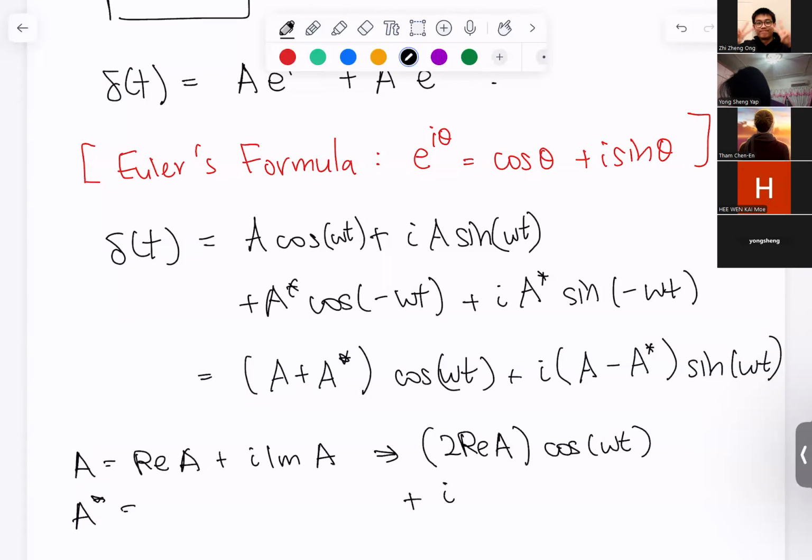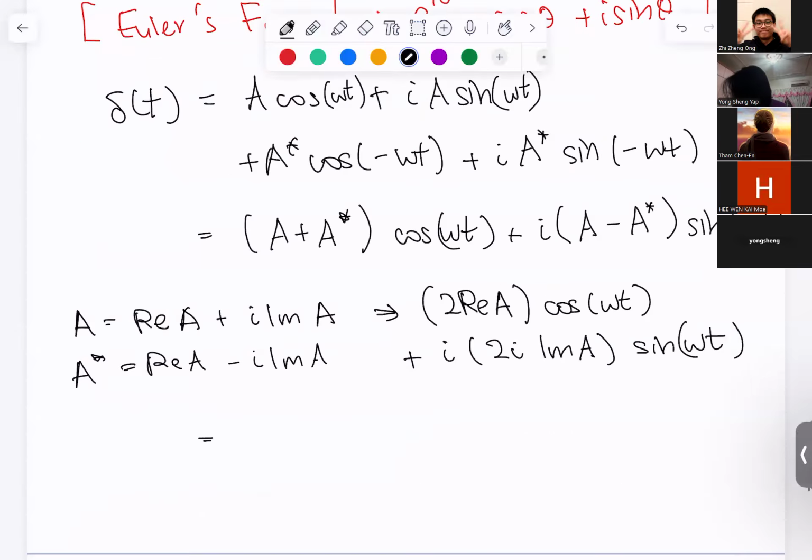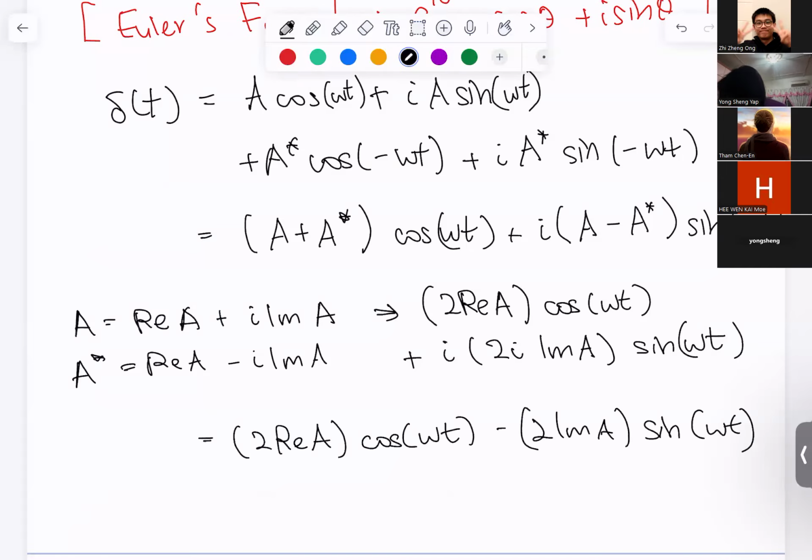A star equals the real part of A minus i times the imaginary part of A, so A minus A star is 2i times the imaginary part of A, times sine omega t. This equals 2 times the real part of A cosine omega t minus 2 times the imaginary part of A sine omega t.